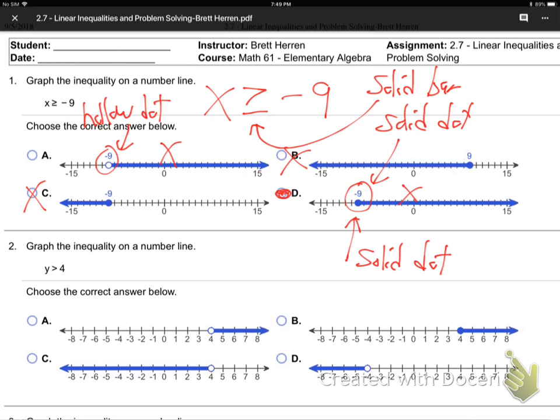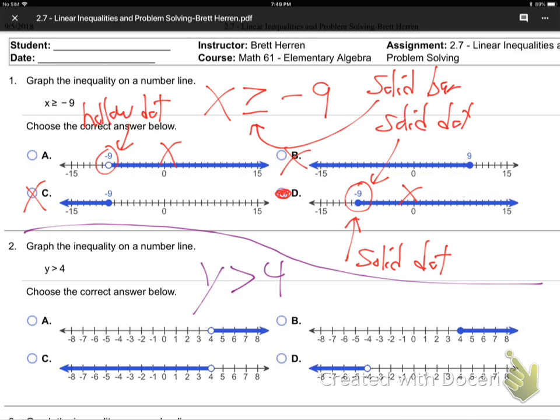How about number 2? Can you see number 2 okay? Let me make it a little bigger. So number 2, what about that one?